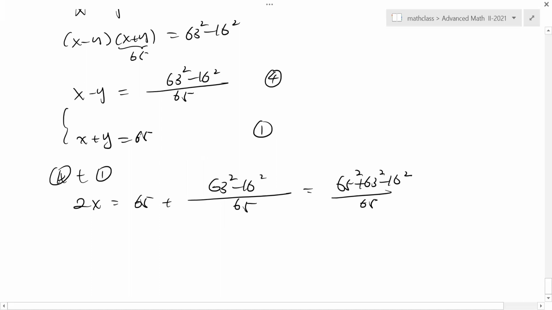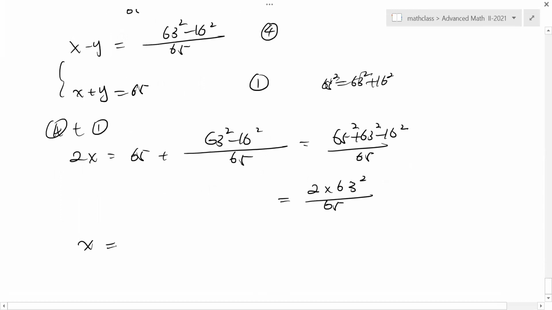We know that 65 squared is going to be 63 squared plus 16 squared. So I think we should replace 65 squared by 63 squared plus 16 squared. So I got twice 63 squared, because 16 squared is gone. Then my 2 cancels out, and I got X equals 63 squared over 65.